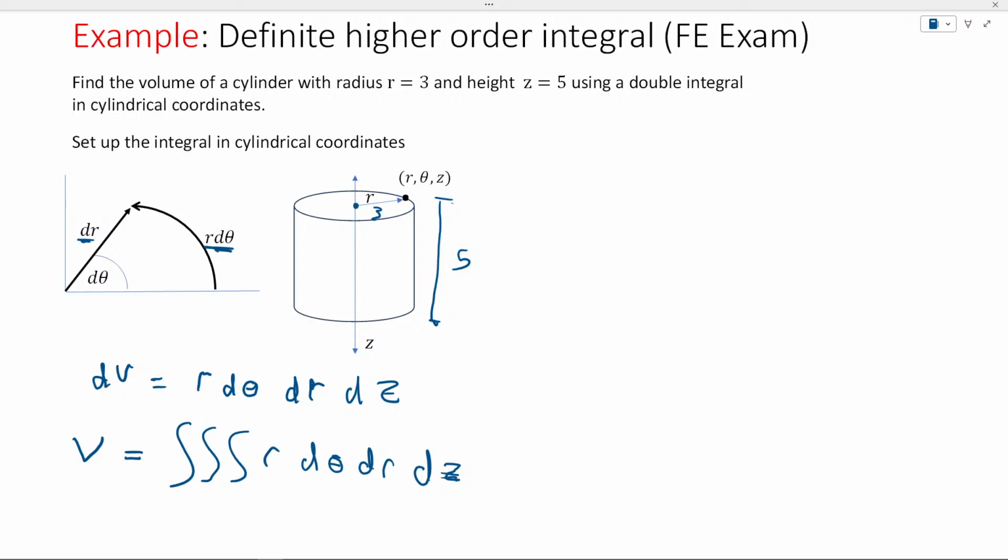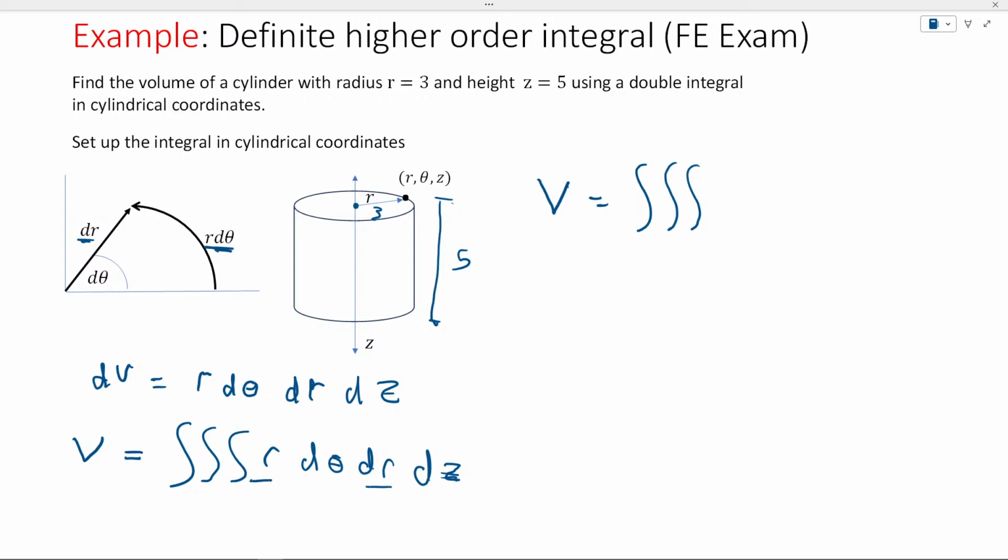Yes, I can arrange this and put some limits here. Let's arrange this first and then put some limits. Let's just put these guys here. I will bring my r here and dr here.